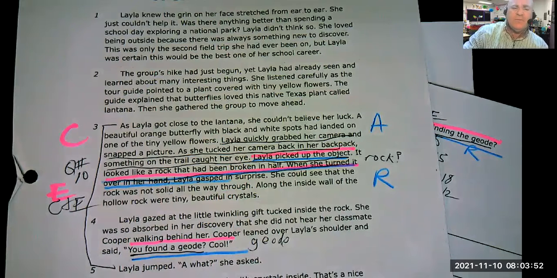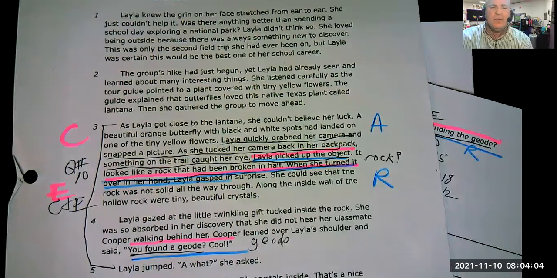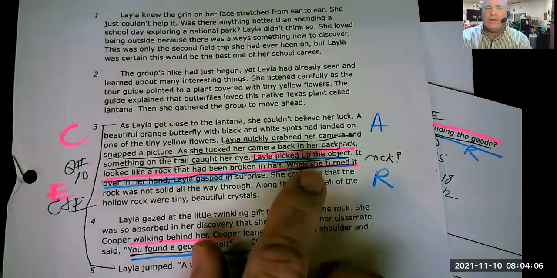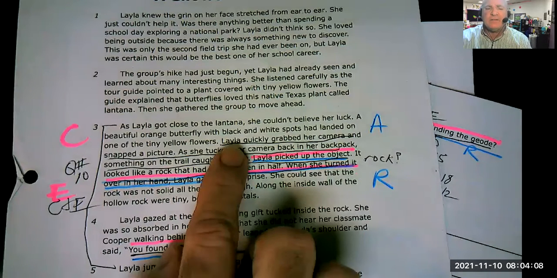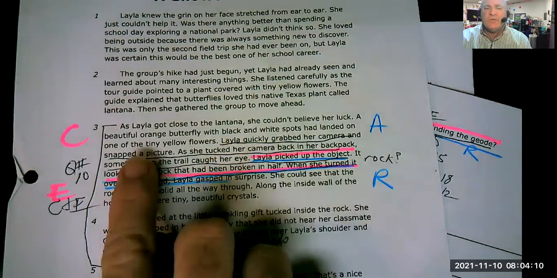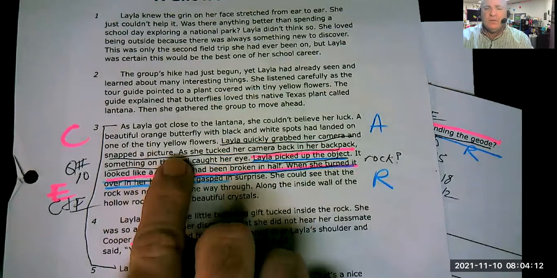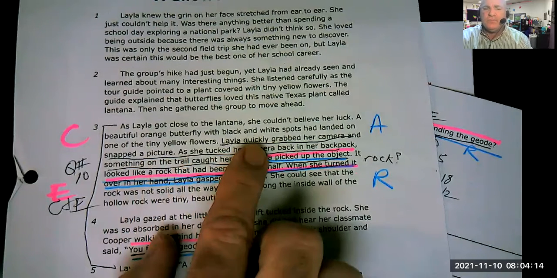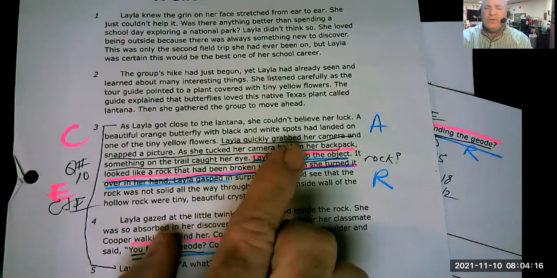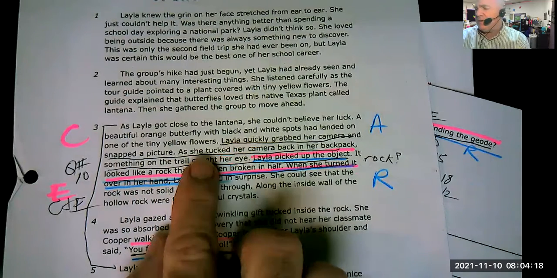Let's look one sentence before. Layla quickly grabbed, make sure that you're on the same place as me so that you can see this happening here. Layla quickly grabbed her camera and snapped a picture. So the answer is either going to be when she took the picture or when she tucked her camera back in her backpack.